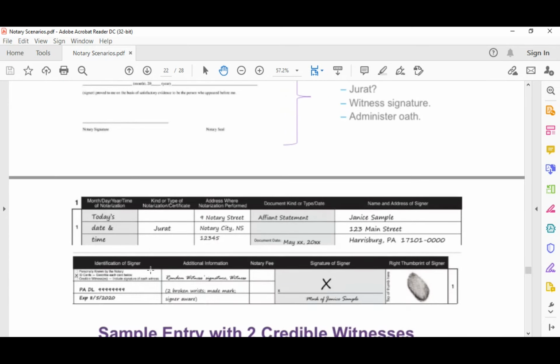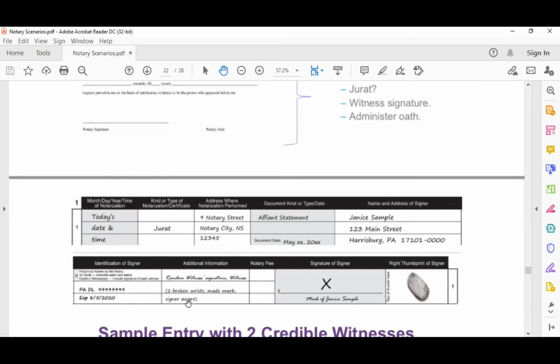Let's go ahead and fill out our journal entry. You always want to fill out the journal before you fill out your notary certificates, guys. Okay. She signs with the mark again. You're going to make sure you write somewhere nearby that X, that is the Mark of Janice sample. And you're going to put on here the reason why she signed by mark.